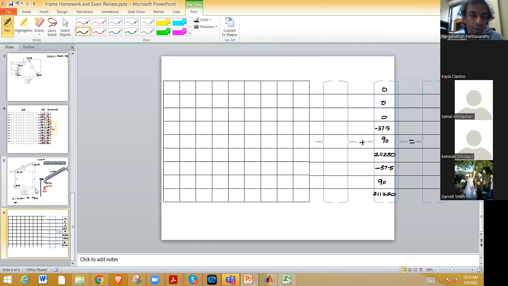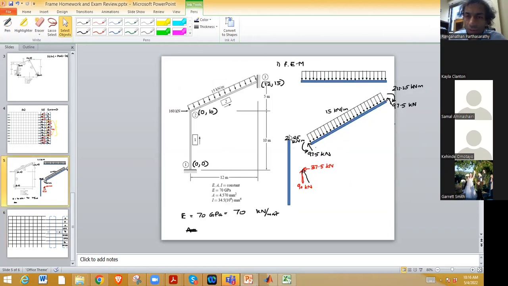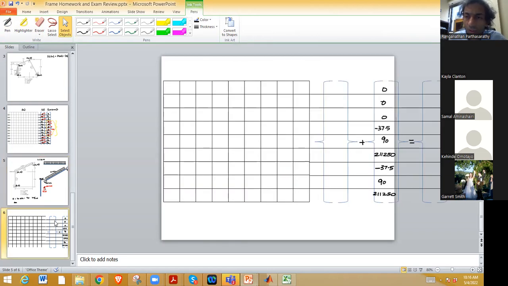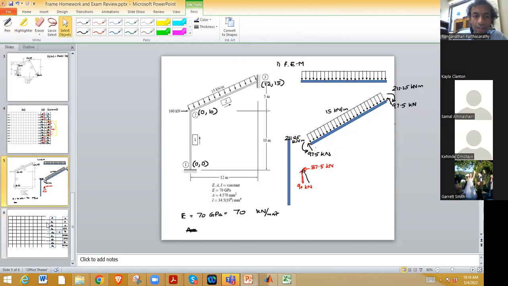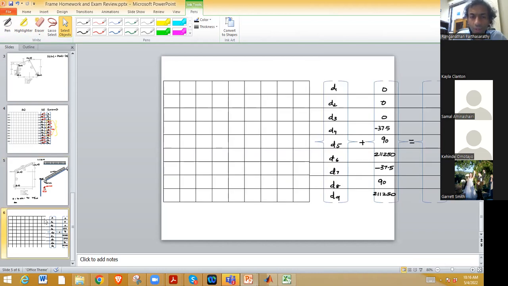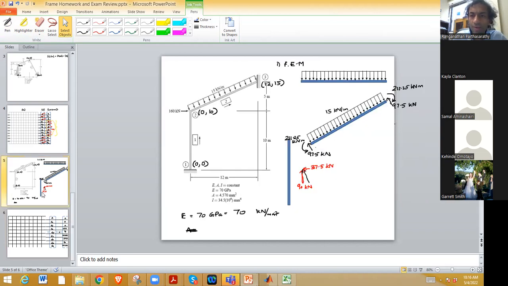Okay, so then here you have D1, D2, D3, D4, D5, D6, D7, D8, and D9, right? Then, yes. Negative for the last one. Negative 211250. I forgot the negative.